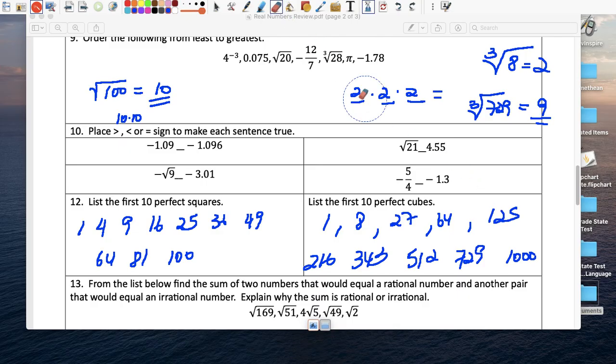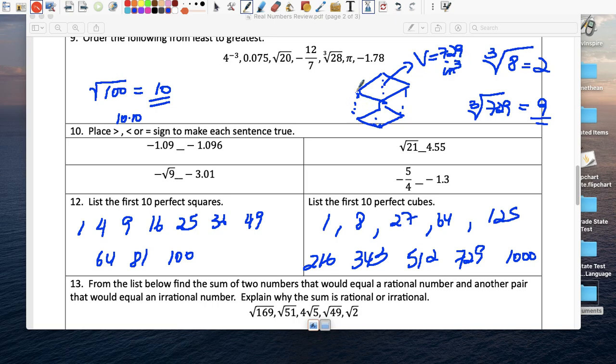So again, think of a cube where all the sides measure the same. In a perfect cube, we're talking volume. The volume of this particular cube is 729 cubic inches.